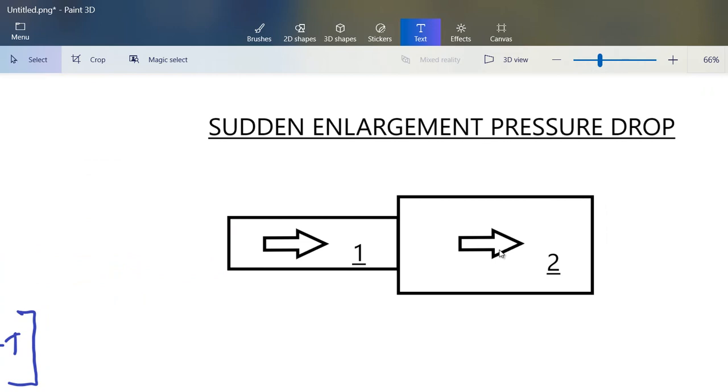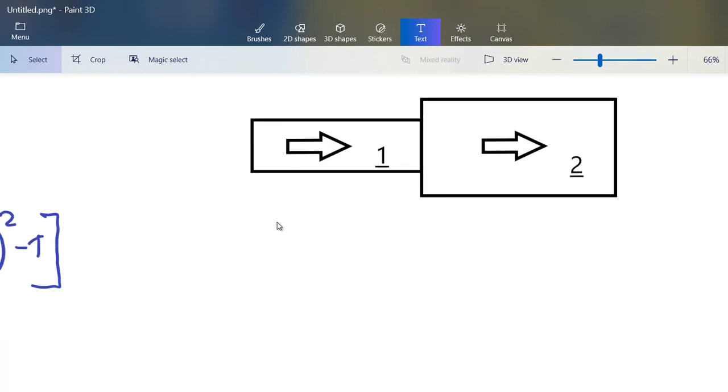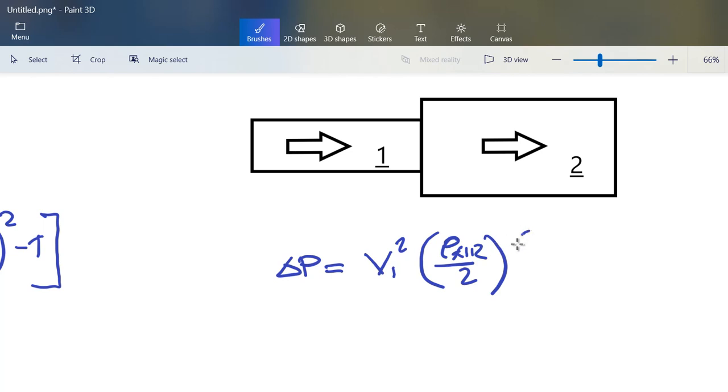Now, for the pressure drop between point 1 and point 2, we have your equation for the sudden enlargement. The pressure drop is equal to velocity 1 squared times the density of air, divided by 2, then multiplied by 1 minus the ratio of area 1 and area 2, all squared.